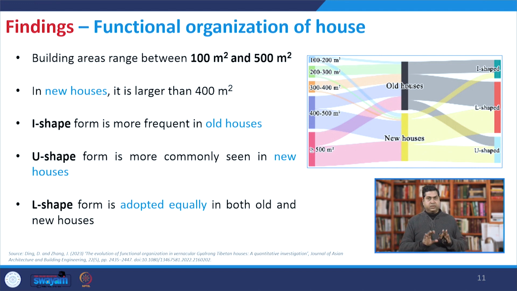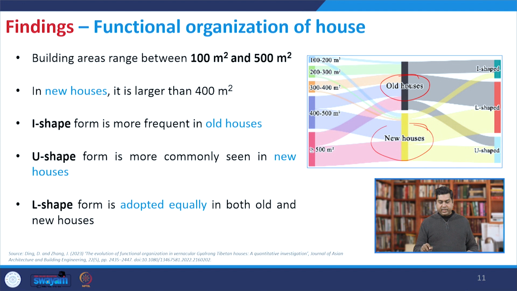Now, based on this analysis, the authors have reported the overall findings. As already mentioned, out of 82 houses, 56 were old houses and 26 were new houses, and then they tried to understand the built-up size.